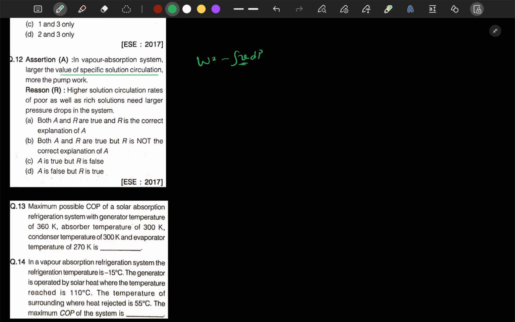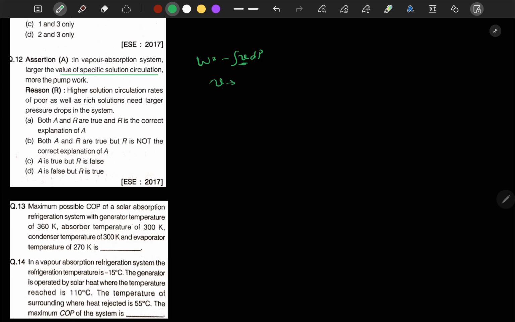So if you want to get more value of V, then for both rich and poor solution, we need large pressure drop in the system. So the second is correct as well. If the circulation rate is higher, it means higher specific volume.